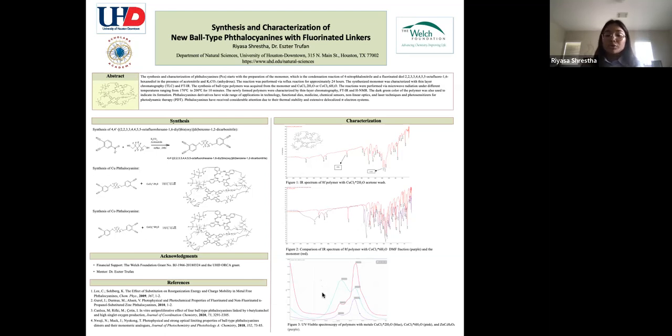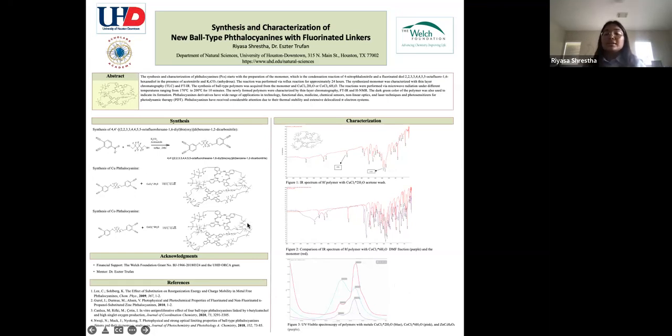And the third figure shows us the UV visible spectroscopy of 3 different metals of ball-type phthalocyanines. The blue one is with the copper chloride, and the pink one is with the cobalt chloride, and the purple is with the zinc acetate. Zinc acetate was from a past student. As I compared them, we can see the 2 peaks here are in similar locations.